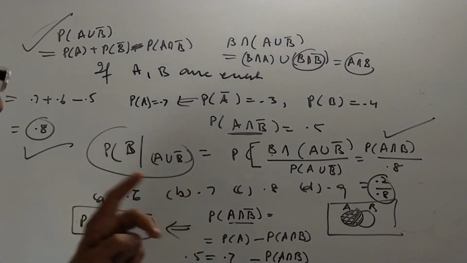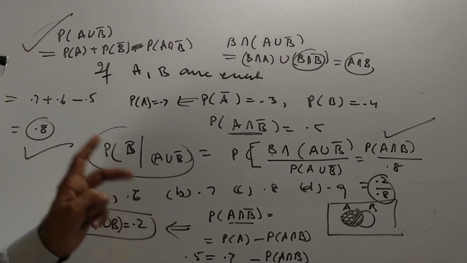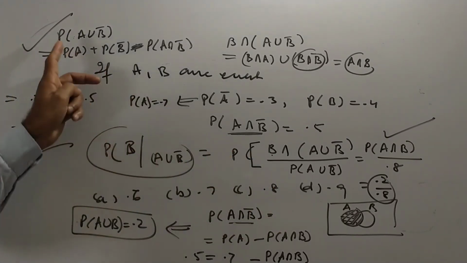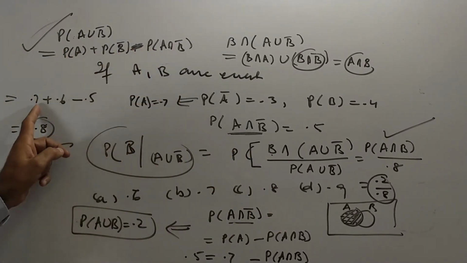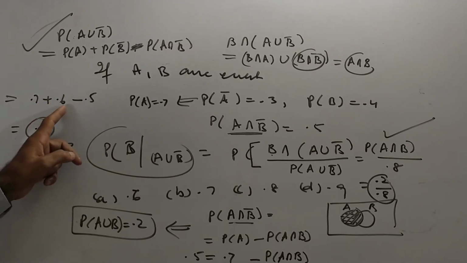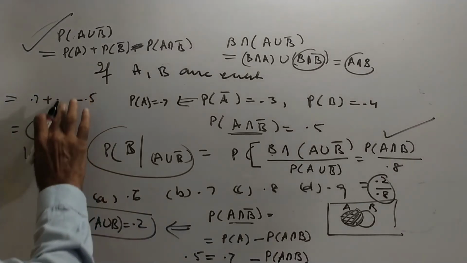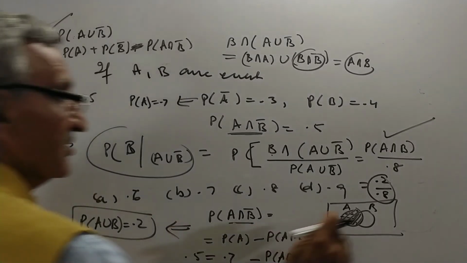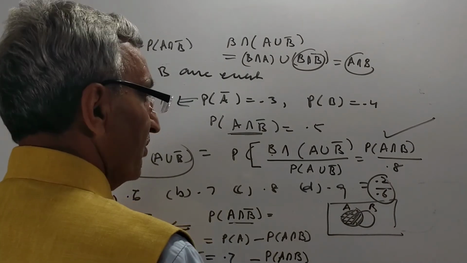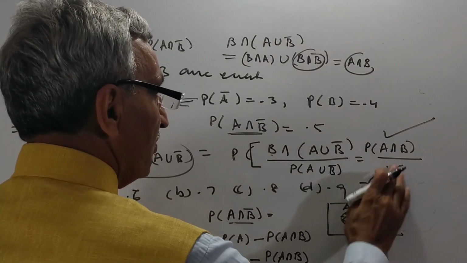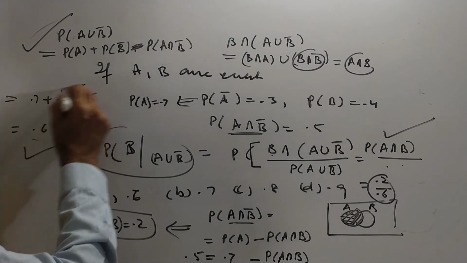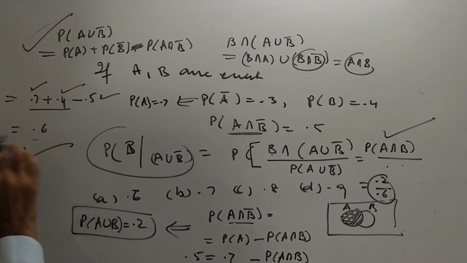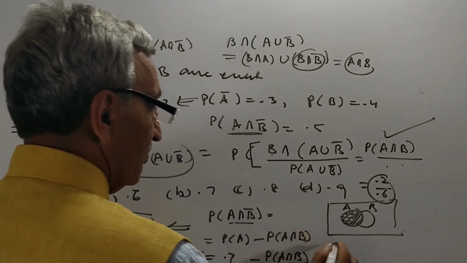We have 0.7, 0.4, and I find A union B. This is equal to 0.7, and the probability of B is equal to 0.6, so here 0.6 and 0.2, this is 0.4, 0.7 minus 0.5, and here we go, 1 over 3.